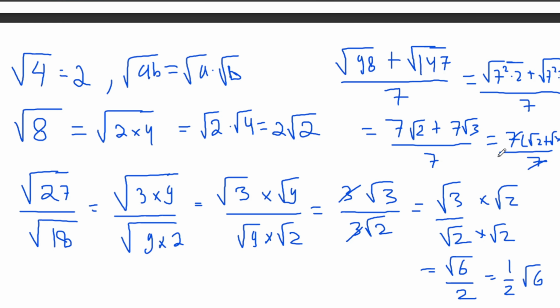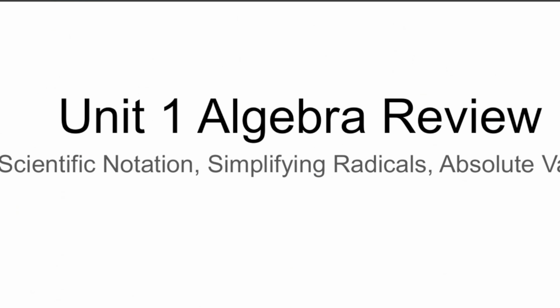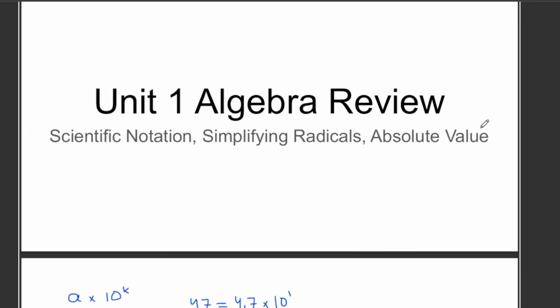We cancel those and are left with our final expression, which would be root 2 plus root 3. Okay, that's simplifying radicals. And next, we're gonna go through absolute value.